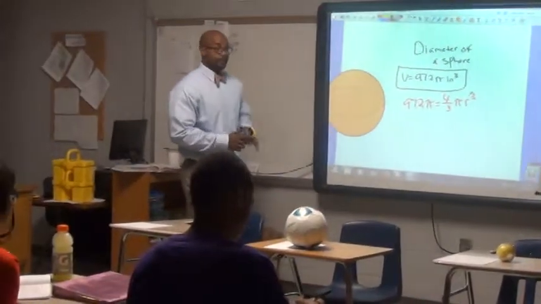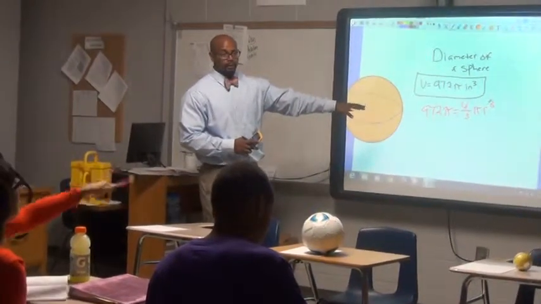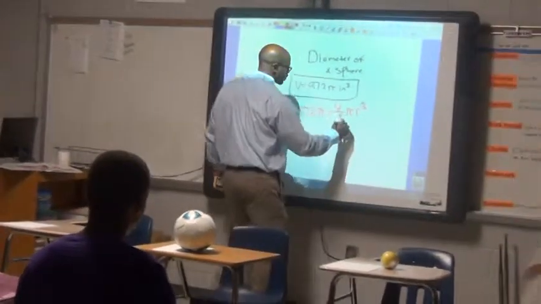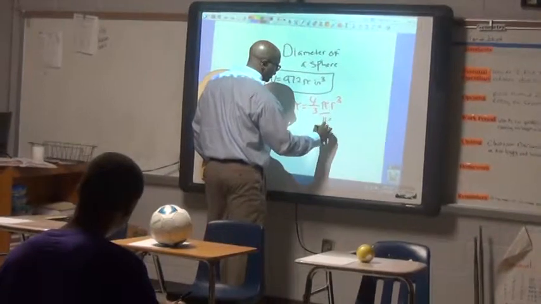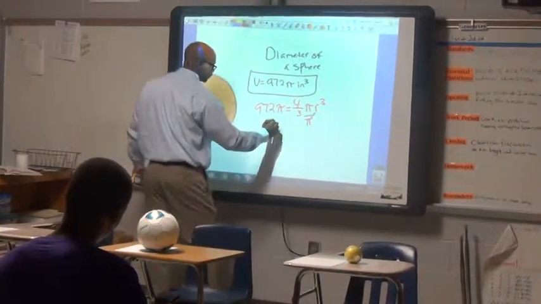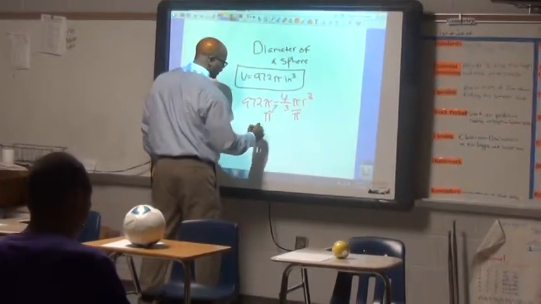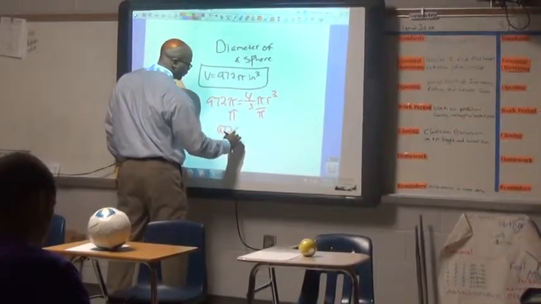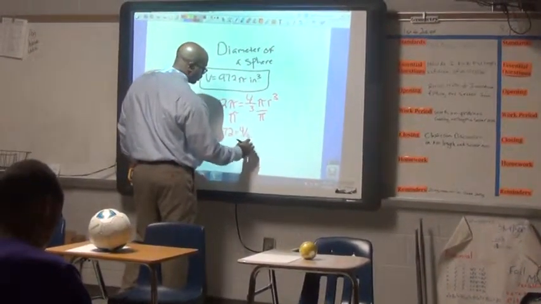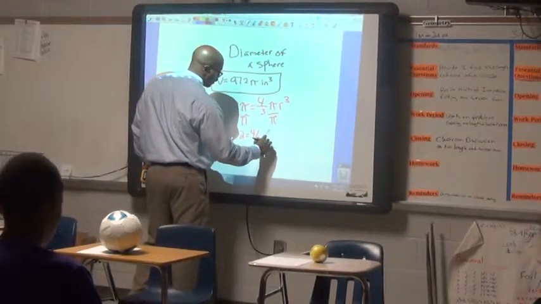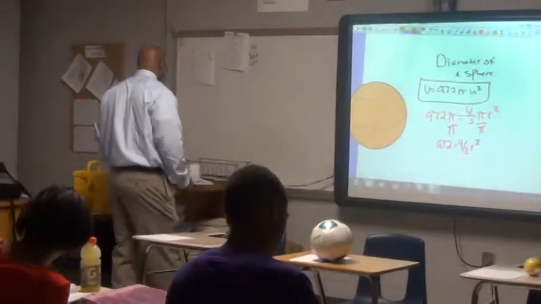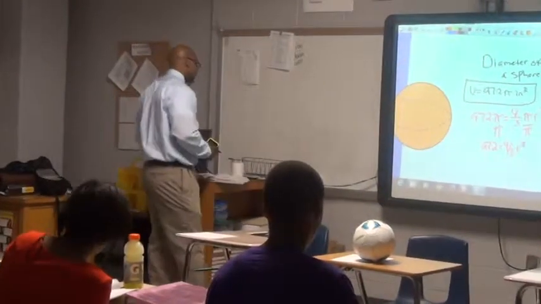All right, so we've done something like this before when we were calculating the area of a circle, we used the same process. So it gives us 972 equals 4/3 times r cubed.